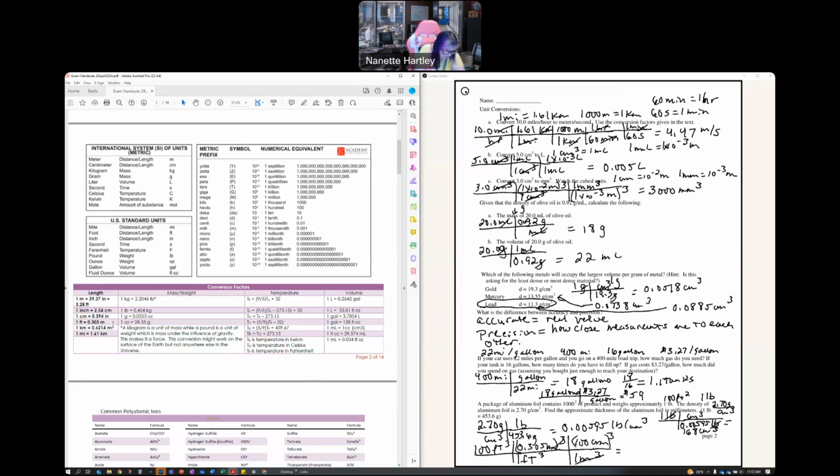So 100 times 0.305 cubed times 100 cubed. And that tells me that I have 2,837,262.5 centimeters cubed.